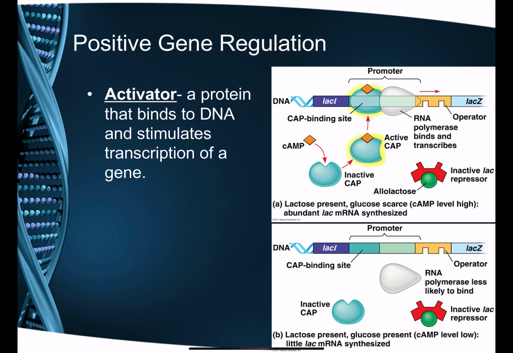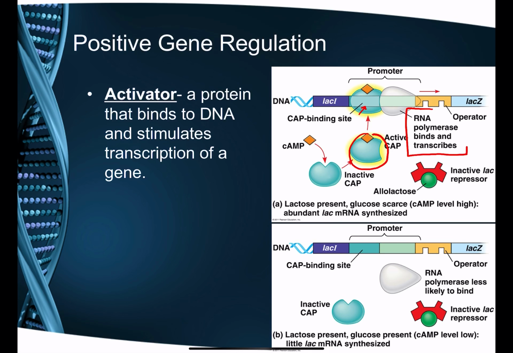The last type of thing that I want to talk about is an activator. An activator is a protein that binds specifically to the DNA. So here's our activator molecule, and it's going to bind to the DNA in the promoter site.